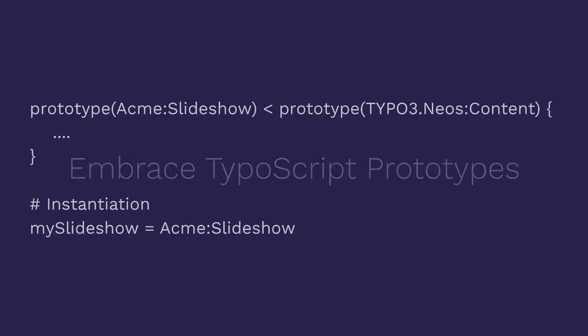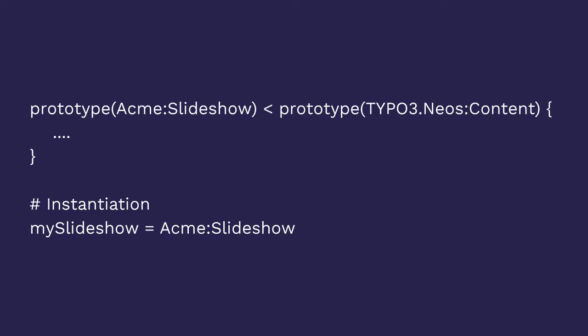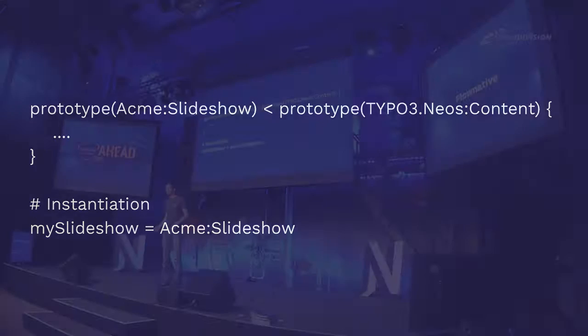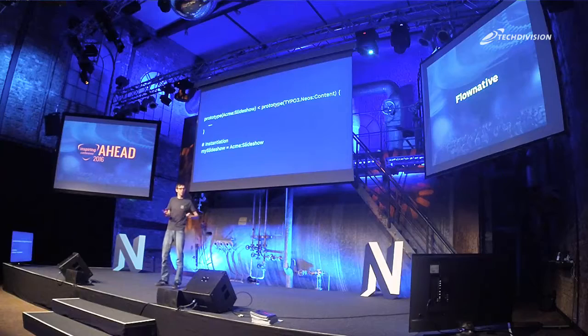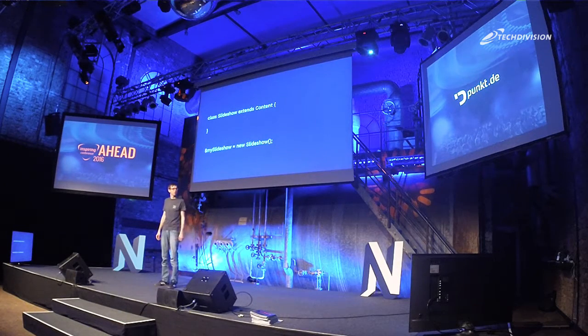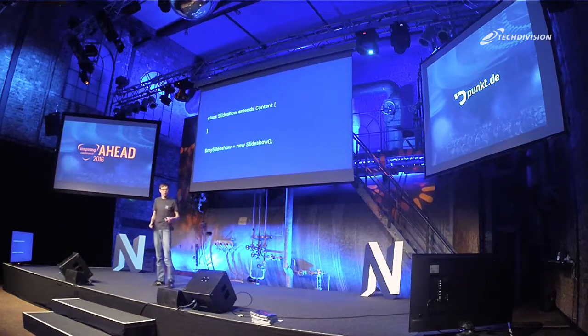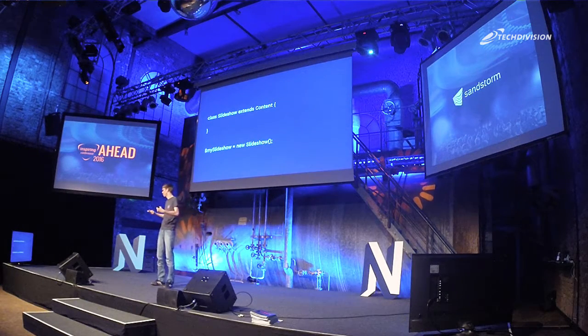Essentially, you have the prototype definition, which says the slideshow extends from content, and then the instantiation is just, my slideshow equals slideshow. So in PHP code, just for an analogy, this roughly corresponds to this PHP code. So that means we have inheritance, and we can create new objects from classes, and that's it.